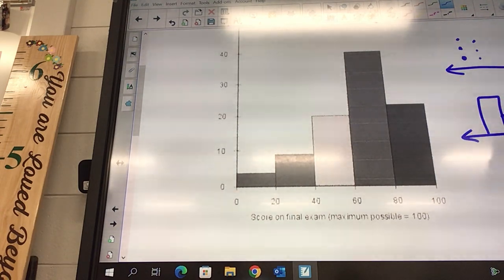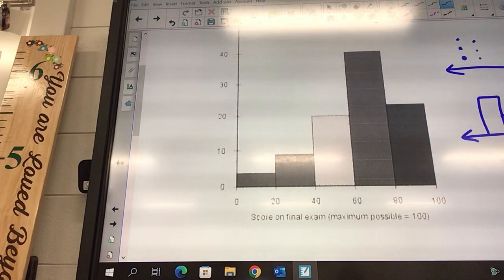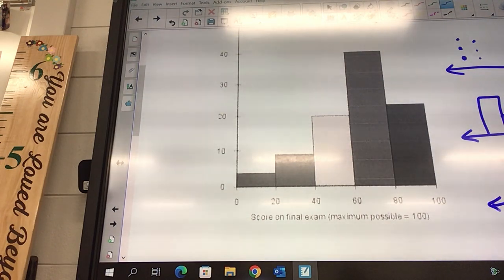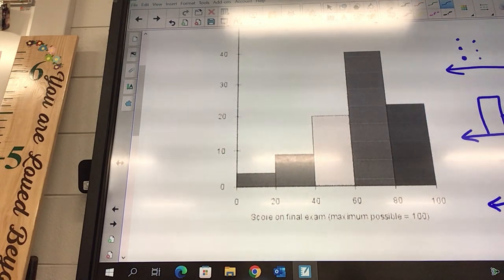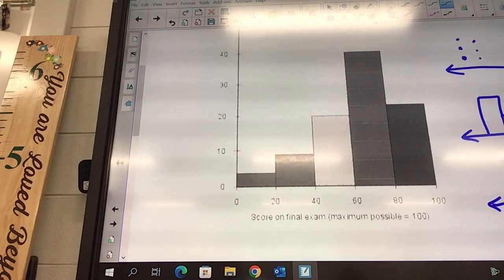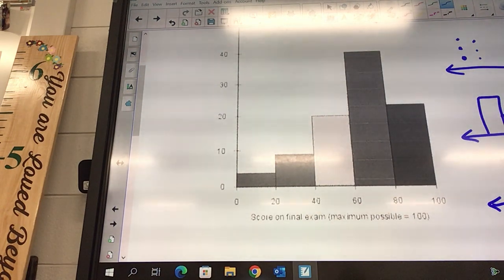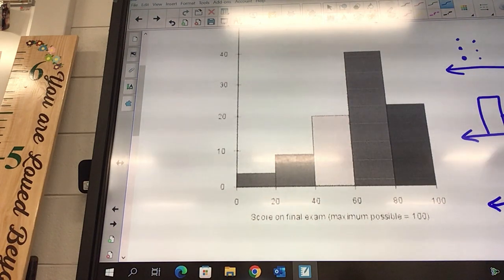What are those called? Nobody? Okay, it's called a histogram. That one's called a histogram. What is this one called?